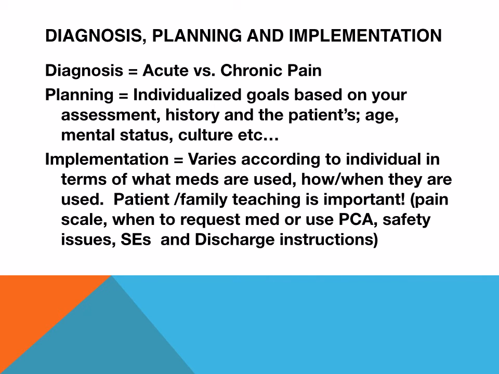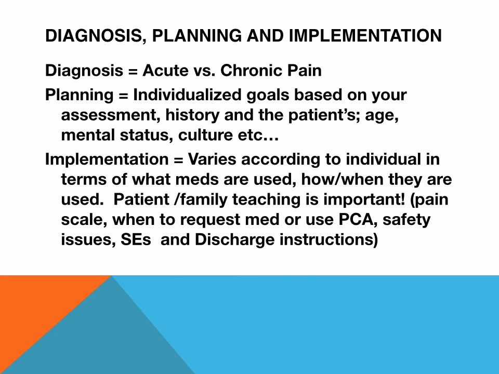So, how will you do the diagnosis of acute versus chronic pain? Planning will depend on the patient history, his age, mental status, culture. And then when you have to take action, it varies from patient to patient. Patient and family teaching is important. When a patient is alert, he can tell you his pain number, and it is his job to request the pain medicine, or if he has patient controlled analgesia, he's supposed to press the button, not his family members.